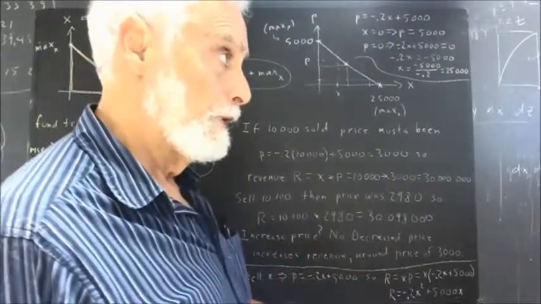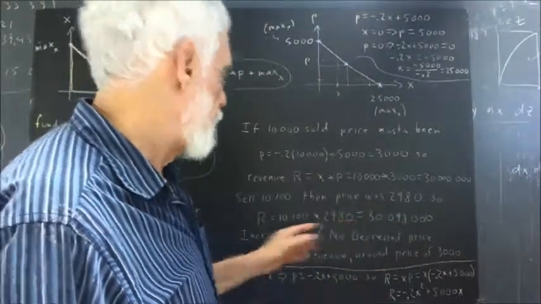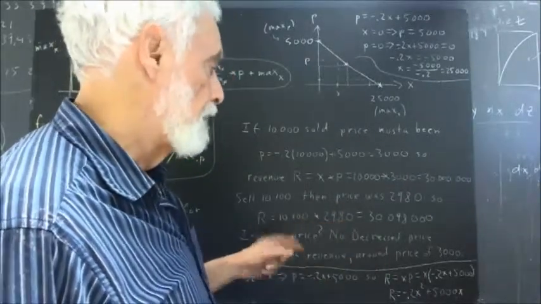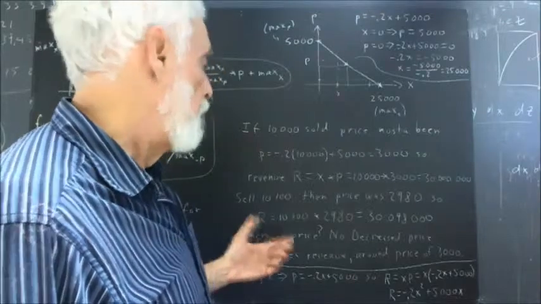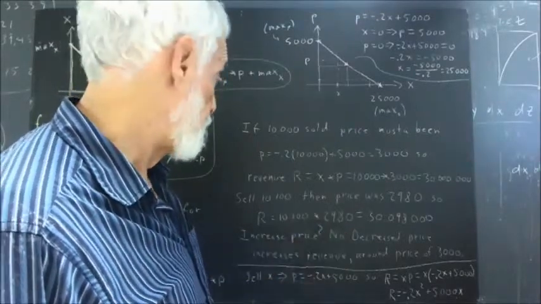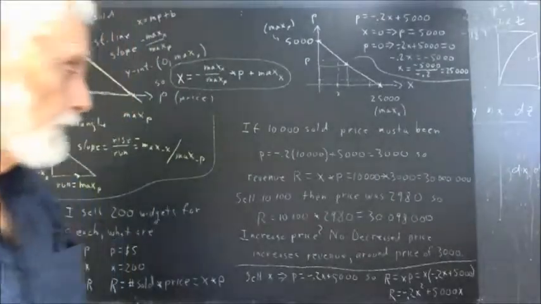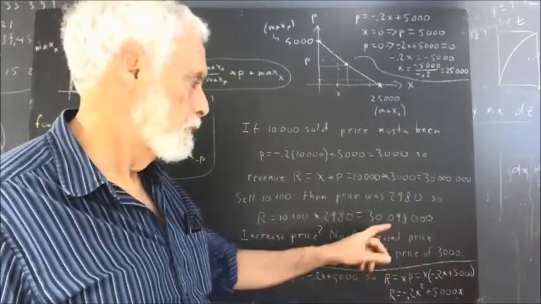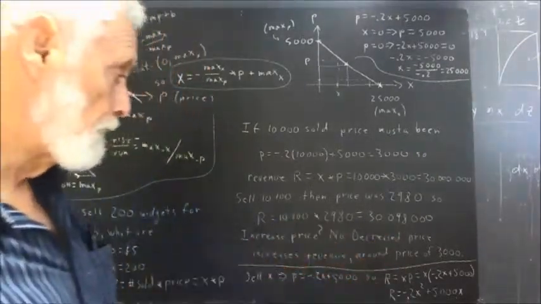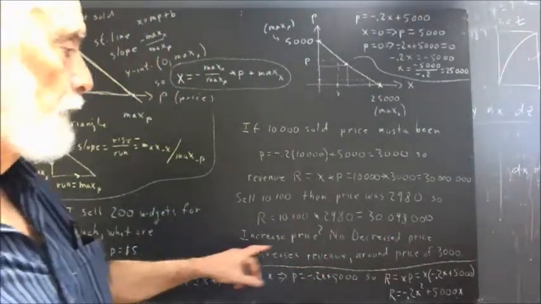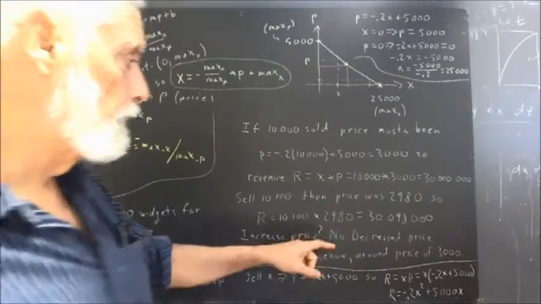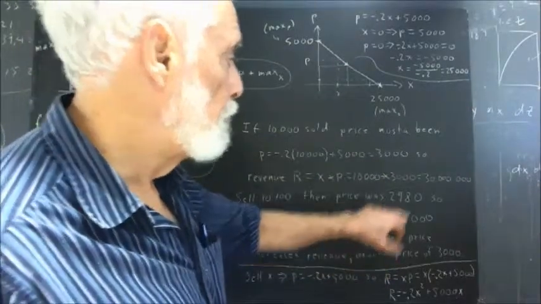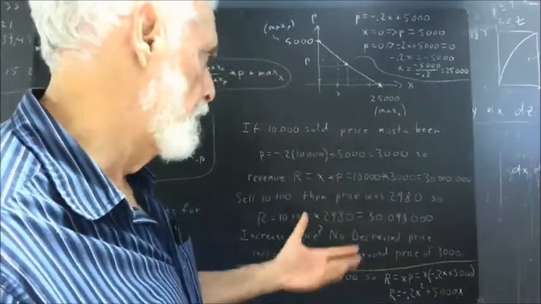Okay, that's a little bit counterintuitive, but if you lower the price, you gain sales. Now, sometimes lowering the price will gain sales, sometimes it'll lose sales. It depends on what the original price was. And sometimes you'll gain and sometimes you'll lose revenue by changing the price one way or the other. In this case, the question is, should we increase the price? And the answer is clearly no. We go from $2,980 to $3,000, and we lose $98,000 in revenue.